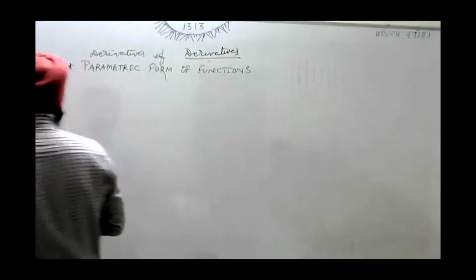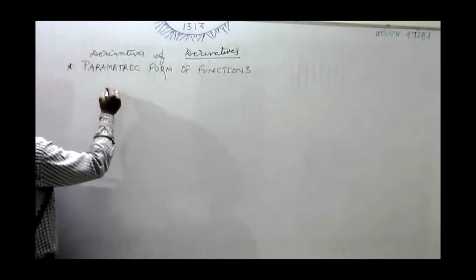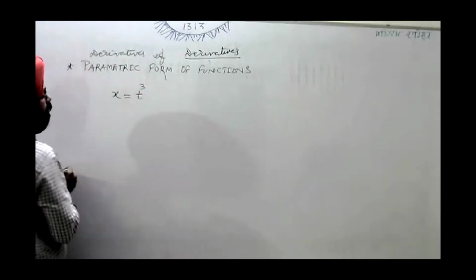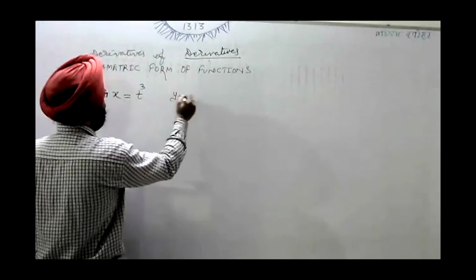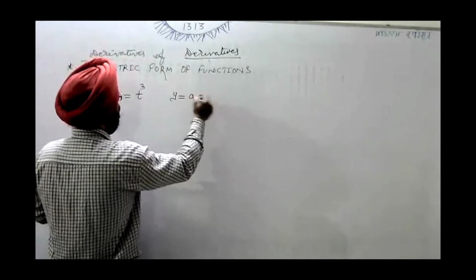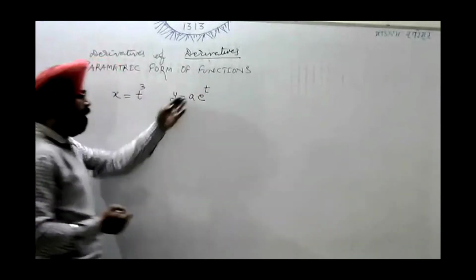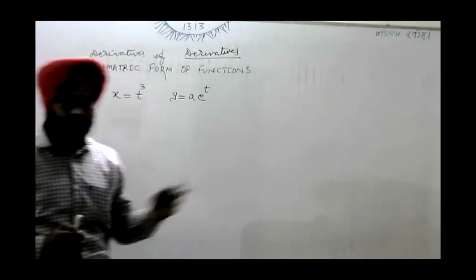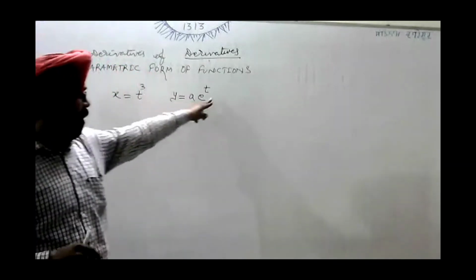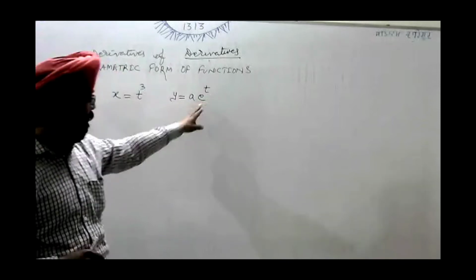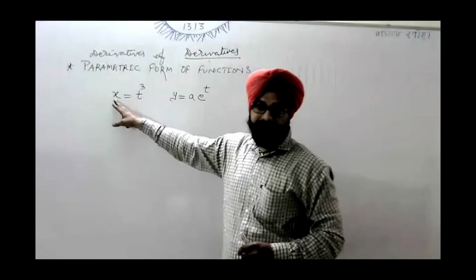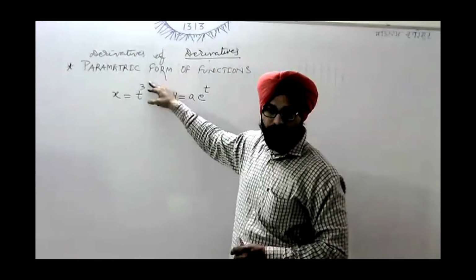Like, if I say x is equal to t cube and y is equal to a e raised to the power t. This a is a constant, just like 4, 3, 2, like that. This t is the parameter, the third variable. How to identify it? You see, this x, its value is given as a function t cube.